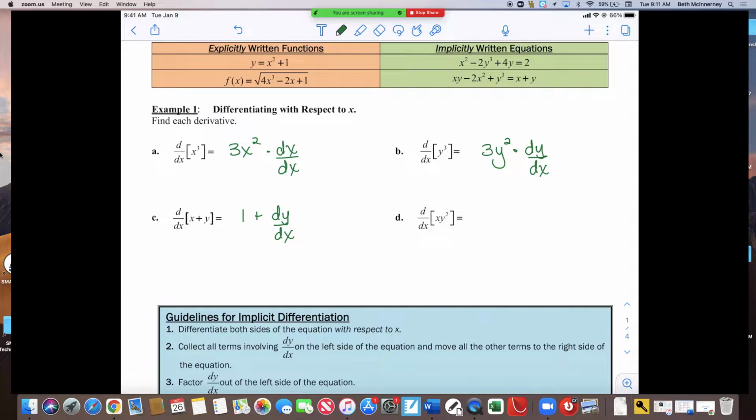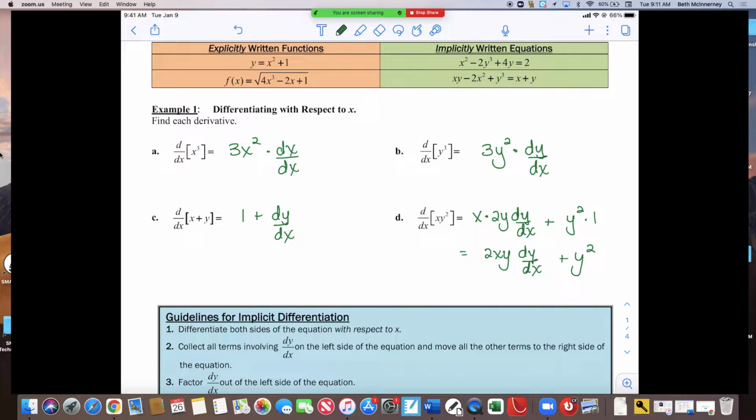So then look at letter D. So this is where it gets really fun, is I have the product rule. So I have xy squared. So I'm going to do the first times the derivative of the second. So that's 2y dy dx plus the second times the derivative of the first. We would just tidy that up a teeny tiny bit and say 2xy times dy dx plus y squared.